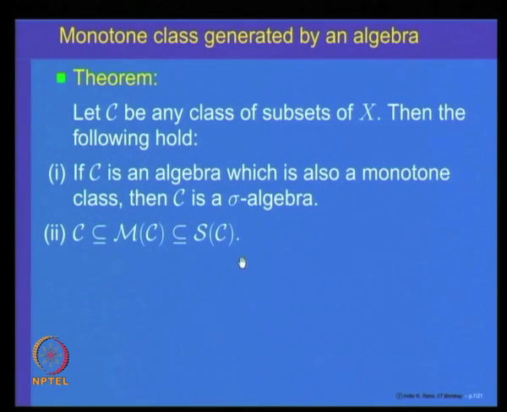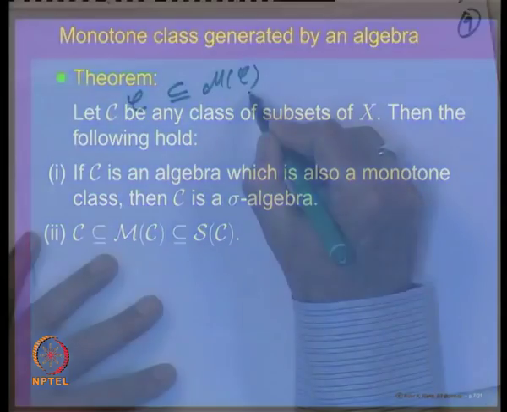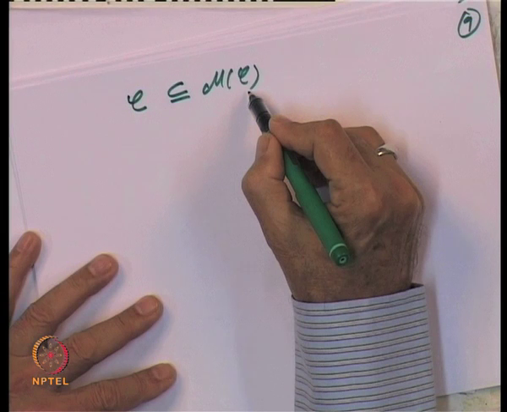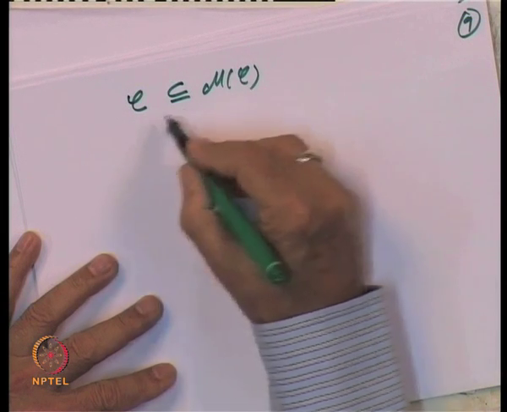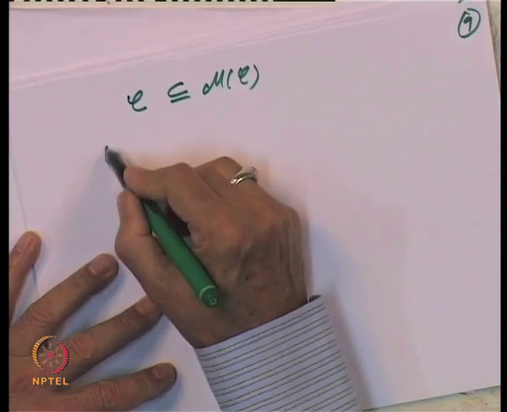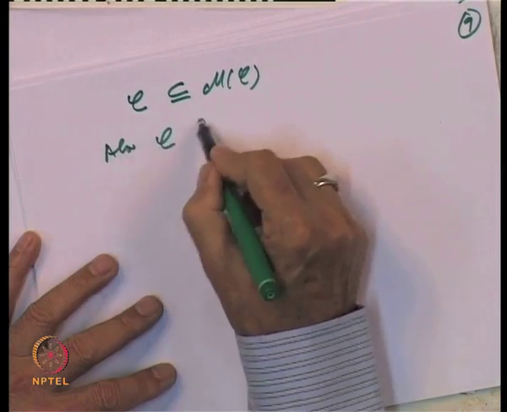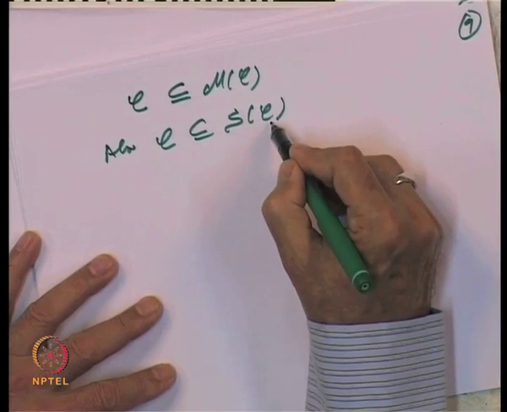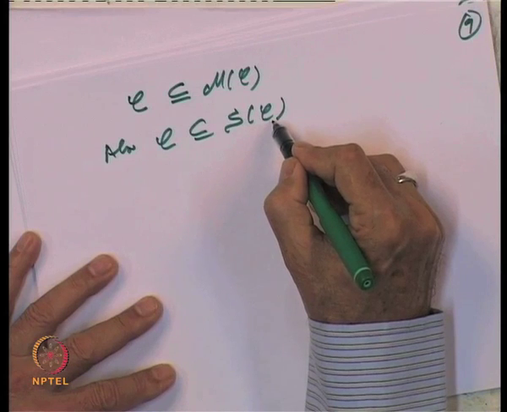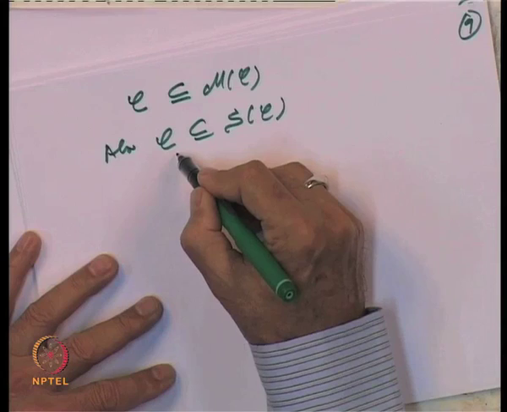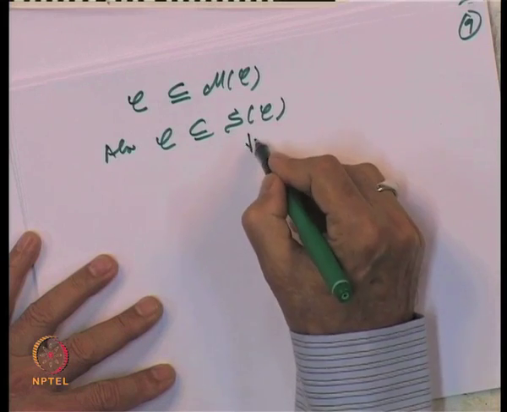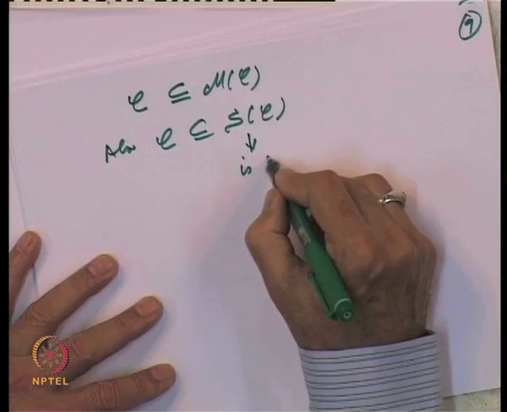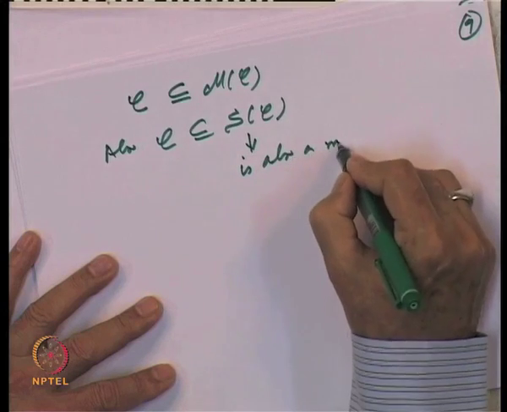So, let me repeat these arguments once again. First of all, C is contained in M of C, that is because M of C is the smallest monotone class including C. Also, C is included in S of C, because S of C is the smallest sigma algebra of subsets of X which includes C. And this, just now we proved, is also a monotone class.